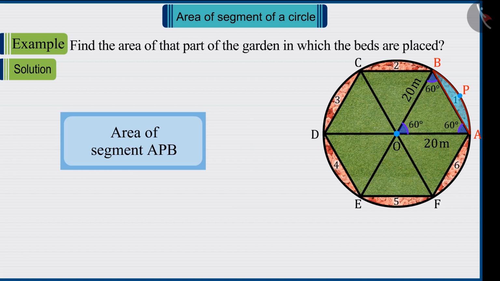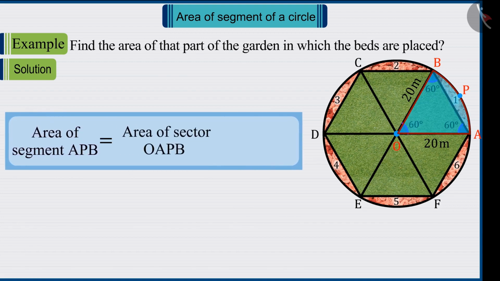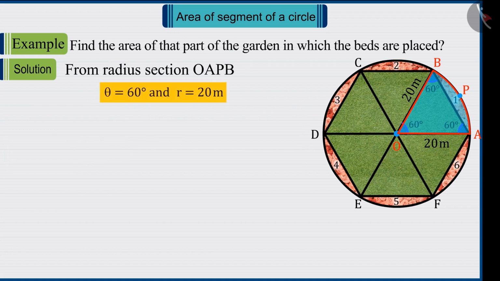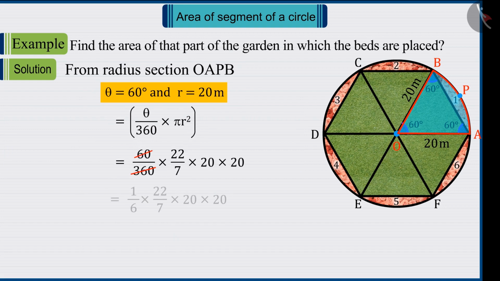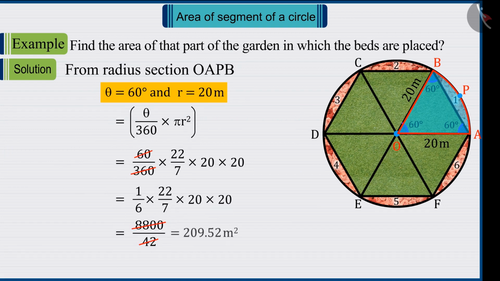Since we have to find the area of the segment, from the area of sector OAPB, the area of equilateral triangle OAB will be subtracted. In the formula of area of the sector, when values of theta and radius are placed and solved, the area of sector OAPB is found to be 209.52 square meters.